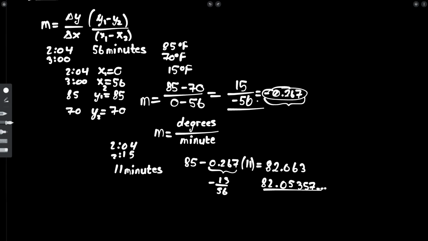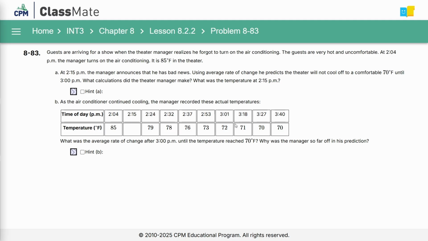But as we can see from the table, the temperature drops 2 degrees in like 39 minutes, which is definitely not the negative 0.27 degrees that we found before.